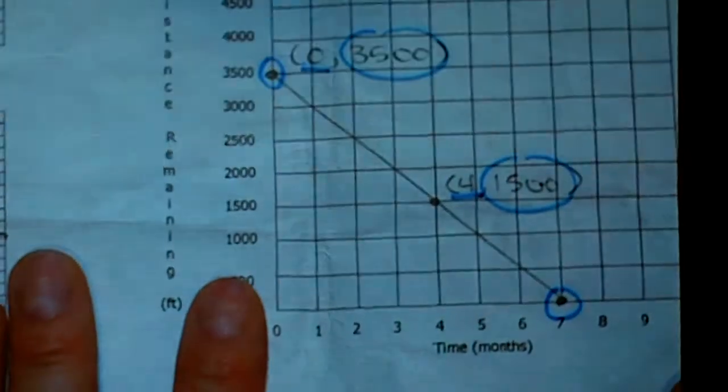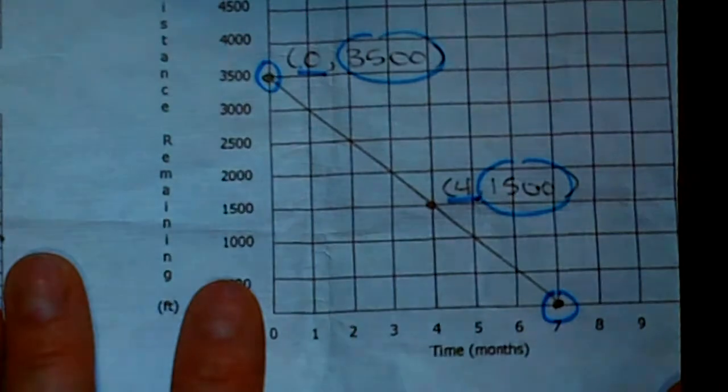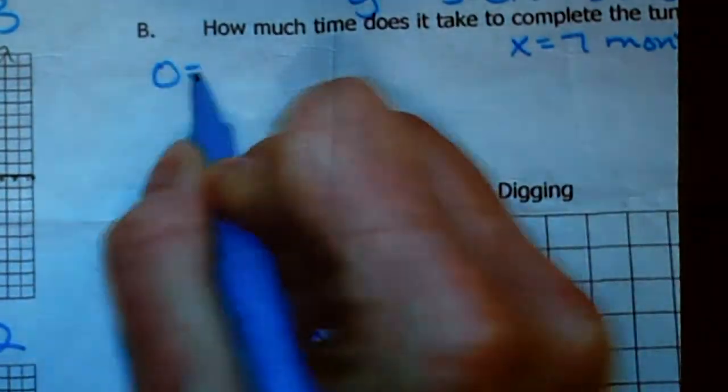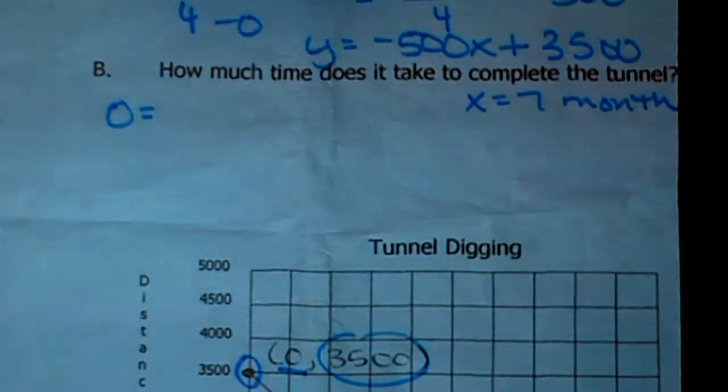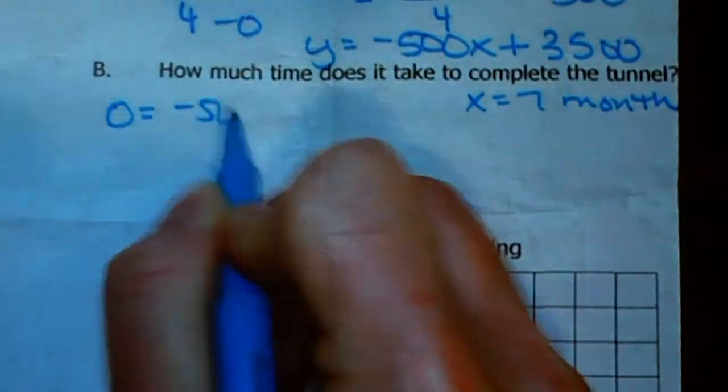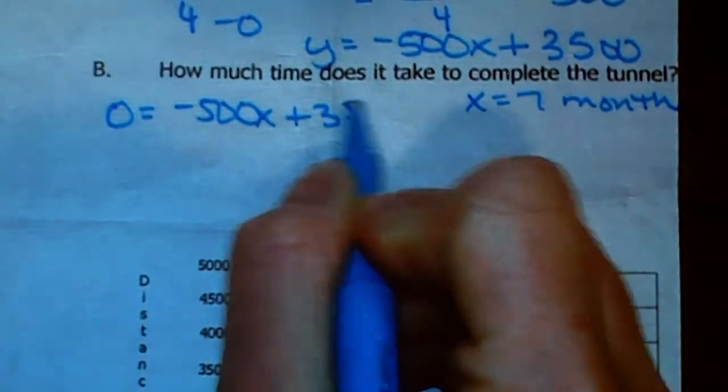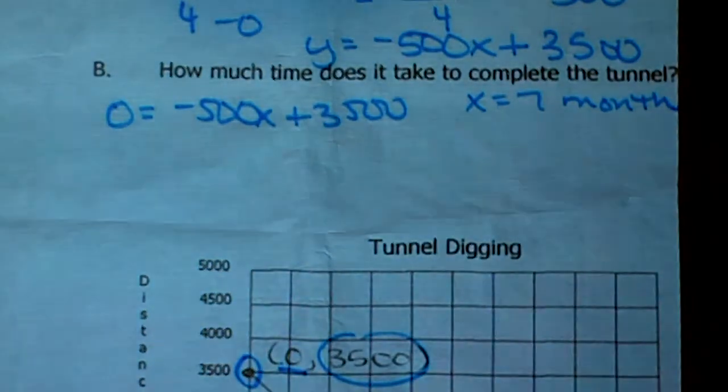Now, if you weren't exactly sure, or is it exactly 7, I don't know, what you could do is use your equation here, plug 0 in for y, because basically the answer to this problem happens when y is 0. So when 0 equals negative 500x plus 3500, I want to know what x is.